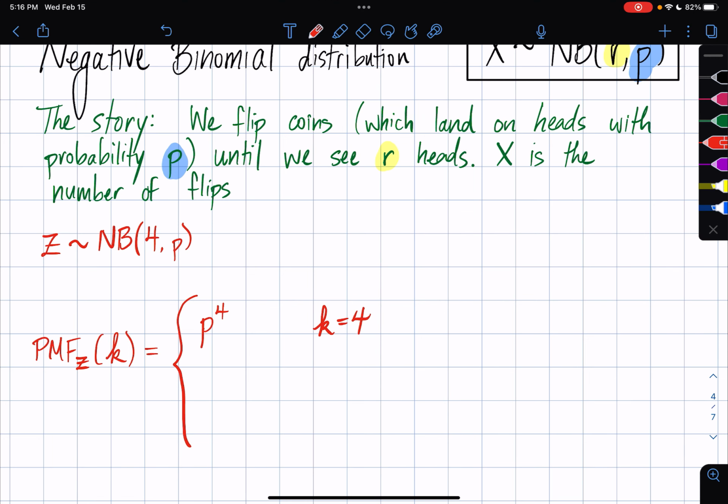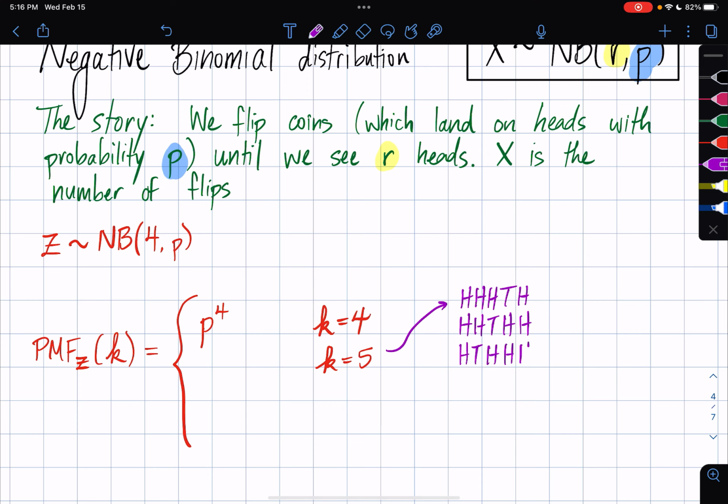The next thing that I want to think about is what if we have k equals 5? Now I want to point out that there's a number of different things that could happen if we're going to flip until we see R heads. We could have heads, heads, heads, tails, heads. Or we could have heads, heads, tails, heads, heads. Or we could have heads, tails, heads, heads, heads.